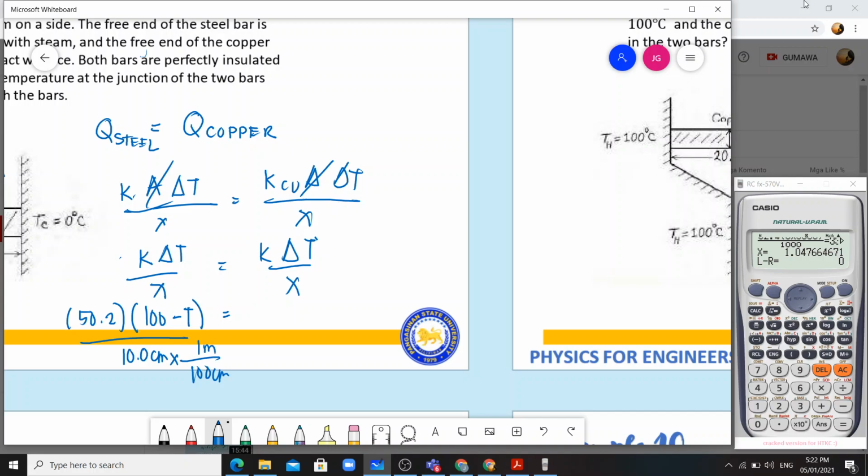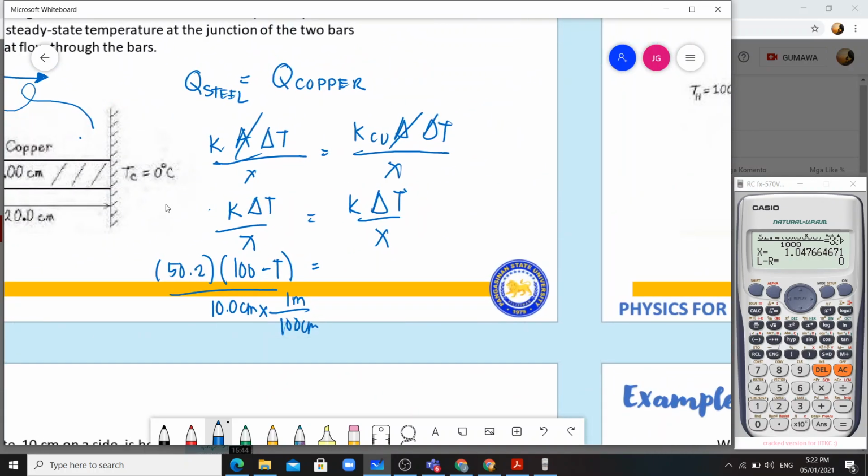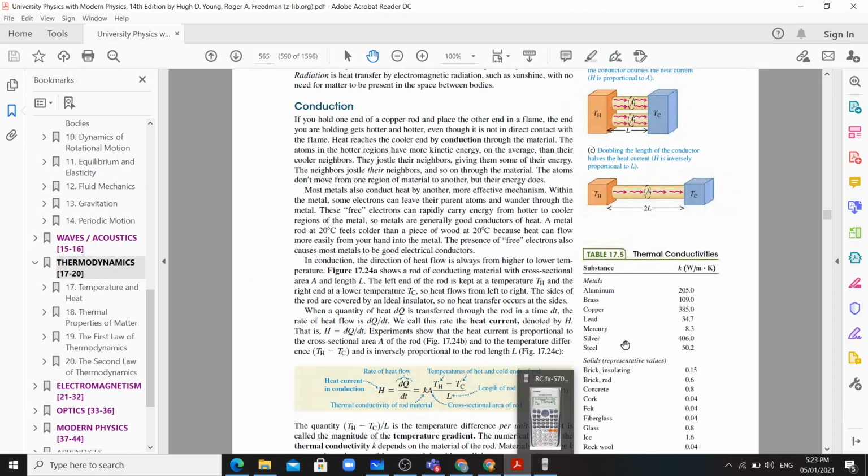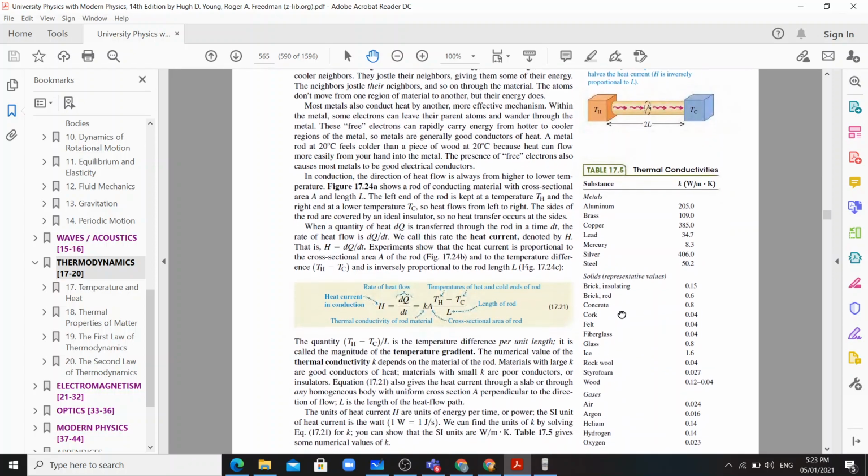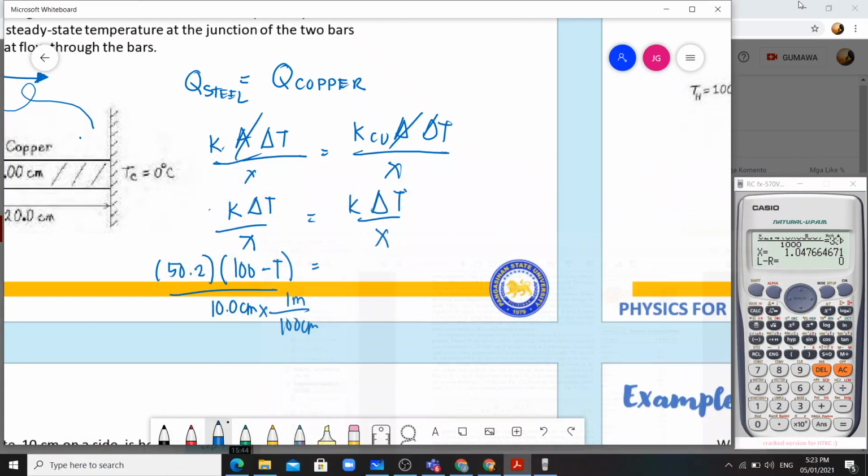Okay, 10 centimeter yung steel. Okay, equals ang copper is 385, T minus 0, okay, dahil mas mainit to malamig, okay, 20.0 times 1 over 100.